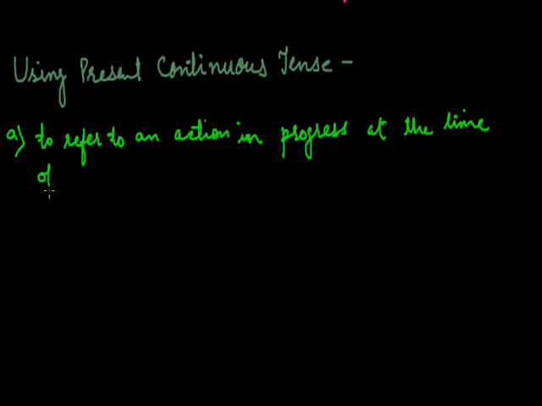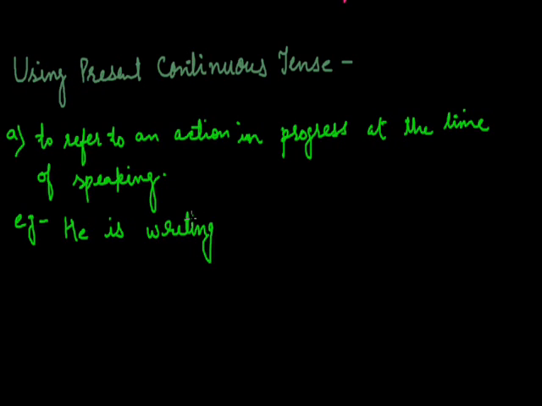For example, he is writing a novel. So, he is singular subject. That's why we used is. This is auxiliary verb.